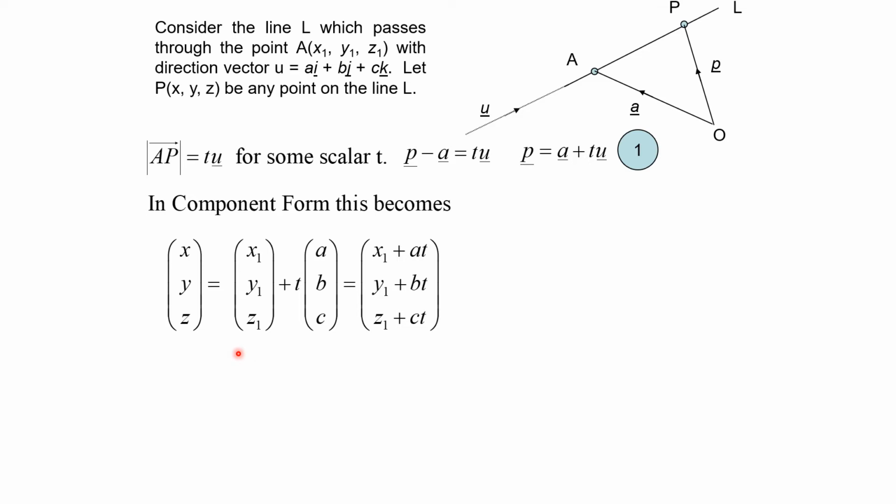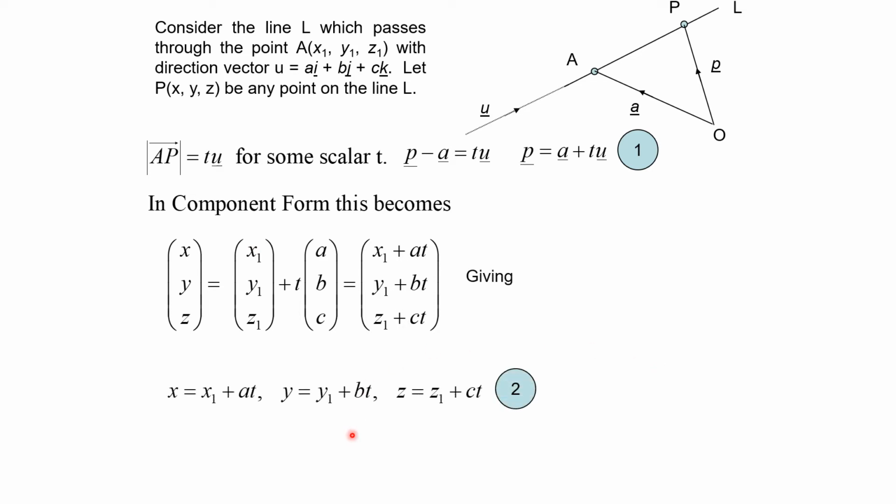Because a, b, and c are the coefficients of the vector u, so vector u is ai, bj, and ck. That's how this value came about. And if you calculate each component, it becomes x1 plus at, y1 plus bt, and z1 plus ct respectively.